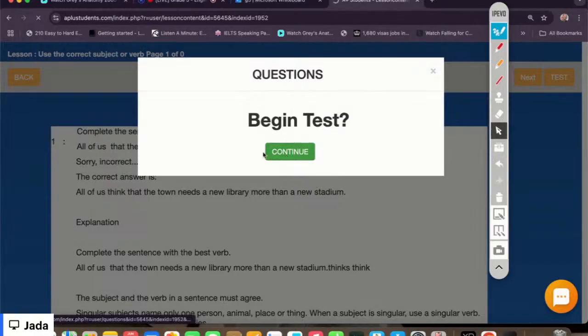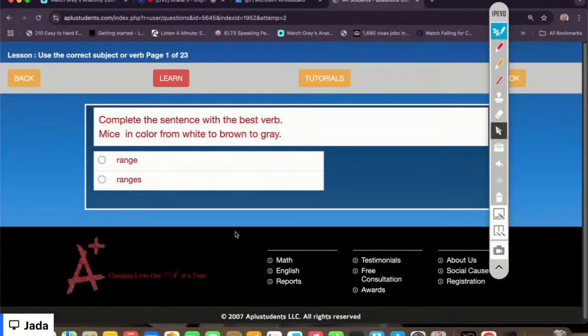Okay. So let's select the answers over here. Complete the sentence with the best verb. Mice dash in color from white to brown to gray. Range or ranges?